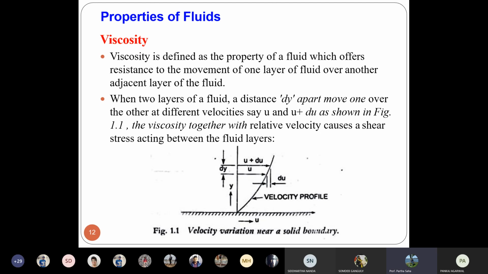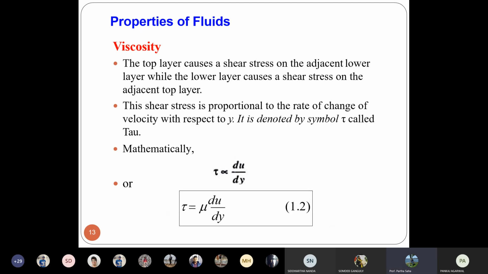The velocity gradient du by dy is proportional to the shear stress, and the proportionality constant is called mu, so that the shear stress equals mu times du by dy.